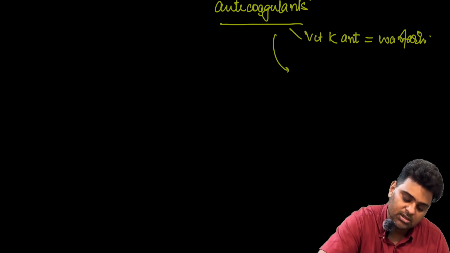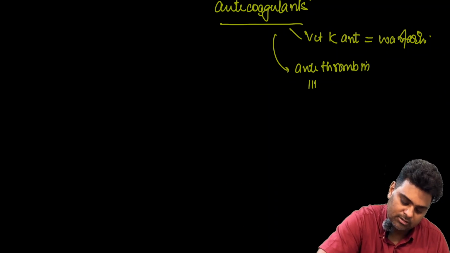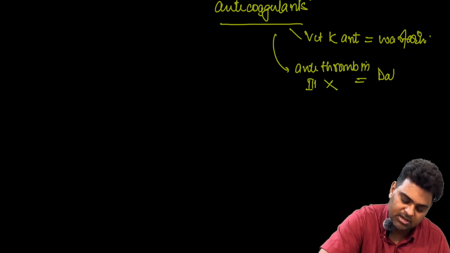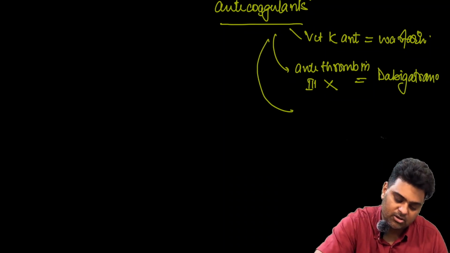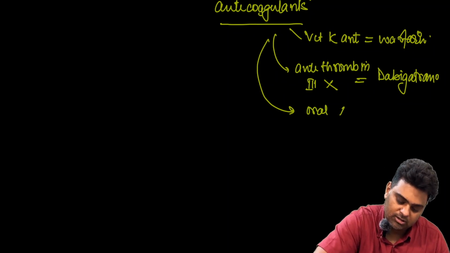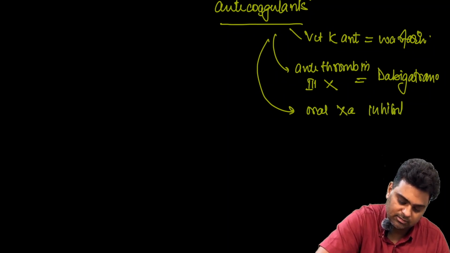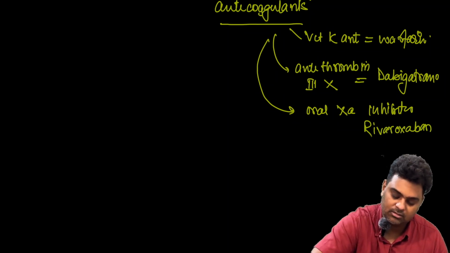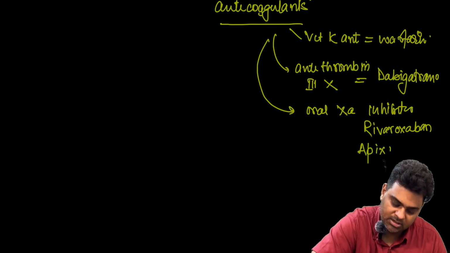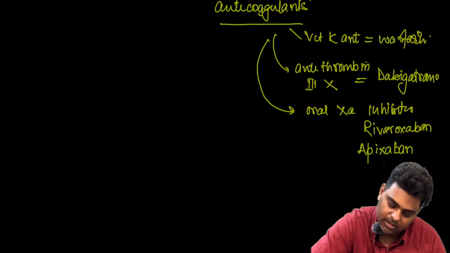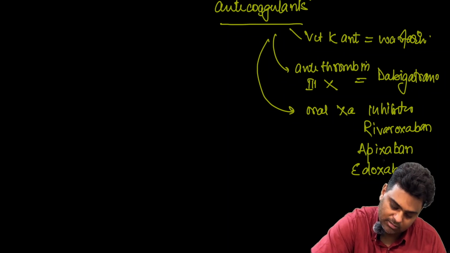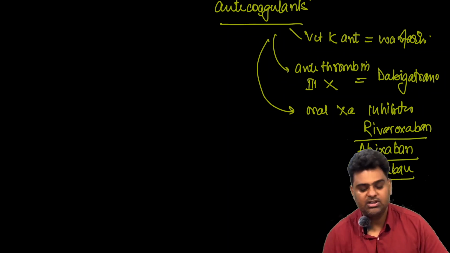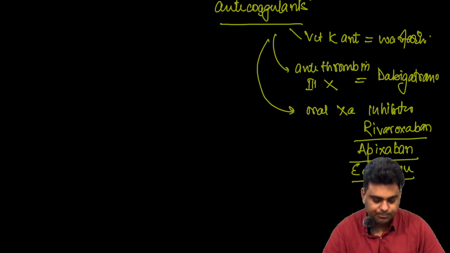Then other is antithrombin 3 inhibitor, that is dabigatran, and there are also oral 10A inhibitors like rivaroxaban, apixaban and edoxaban. Okay, these are the anticoagulants which you can use.